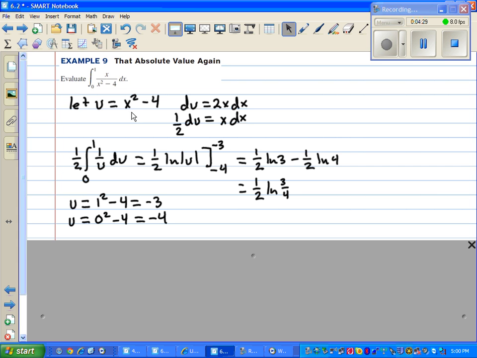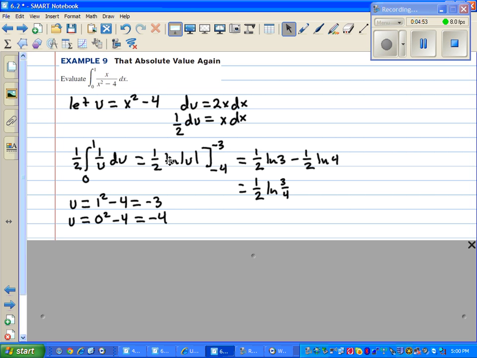Well, instead of plugging x squared minus 4 back in, we can just change what we're integrating over by plugging 1 into x squared minus 4, like I've done here. And now the top, instead of being a 1, is a -3. And we can plug 0 into x squared minus 4 into the u, and we get -4. So now we're integrating from -4 to -3.